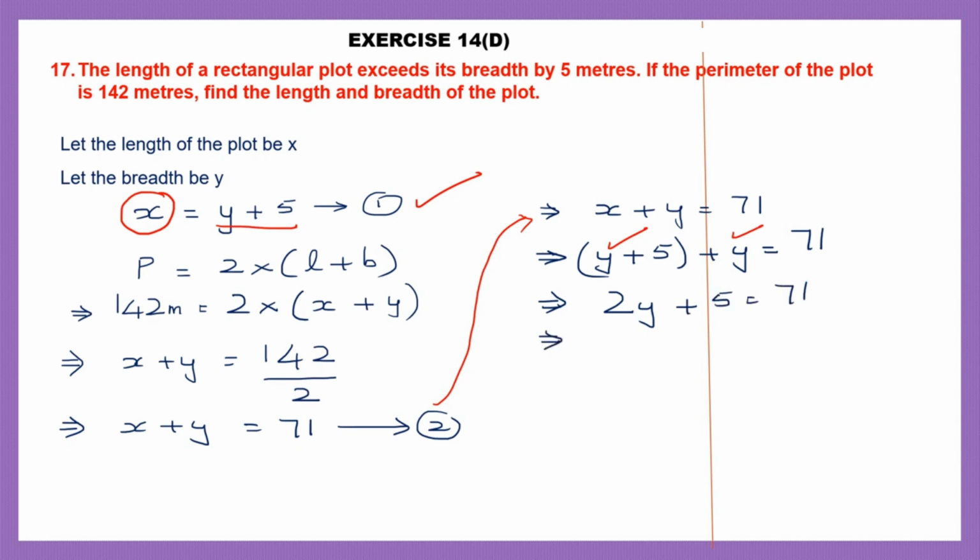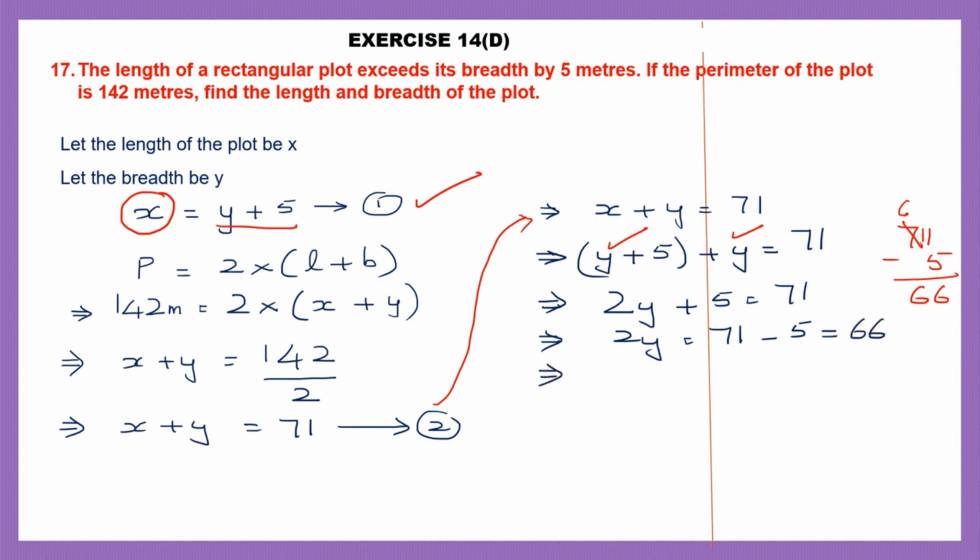Now let's find the value of 2y. 2y will be 71 minus 5. Now how much is 71 minus 5? 11 minus 5 is 6 and I have 6 again. So that is 66. 2y is equal to 66.